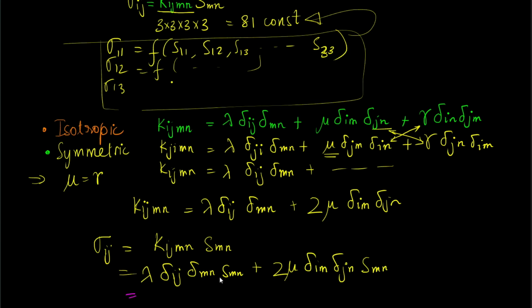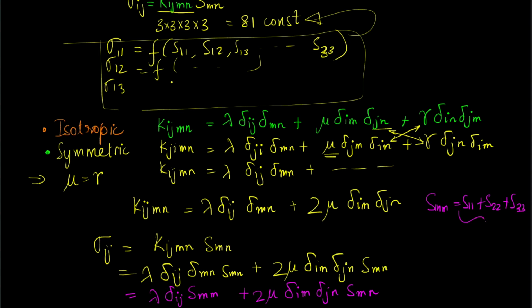Now delta mn Smn is going to be non-zero only when m equal to n. So this becomes Smm, and this is simply 2 mu delta im delta jn Smn. Now what is Smm? Smm is S11 plus S22 plus S33, and this is nothing but the trace of the rate of strain tensor.